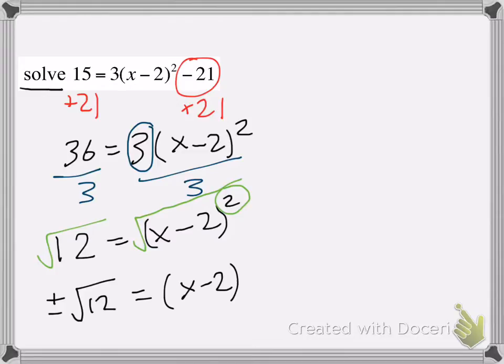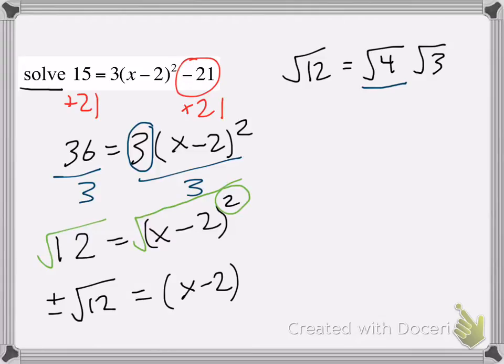And the square root of 12 can be simplified further, right? Because 12 is equal to 4 times 3. So I can actually break this square root apart into 2 of its factors, and I notice that this is a perfect square. The square root of 4 is 2, whereas 3 I can't simplify any further.